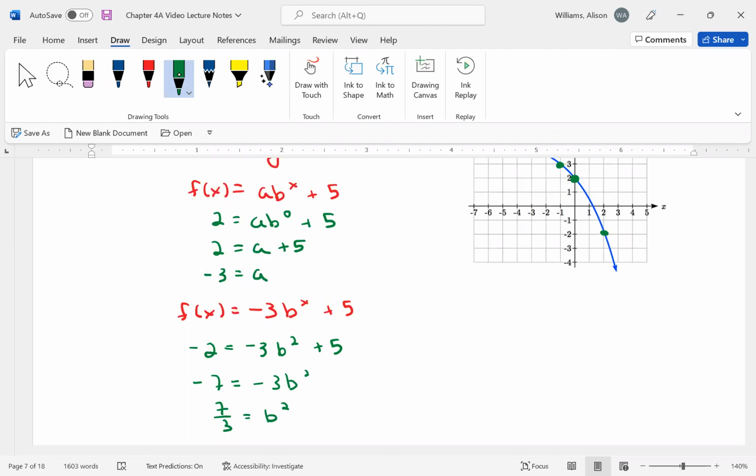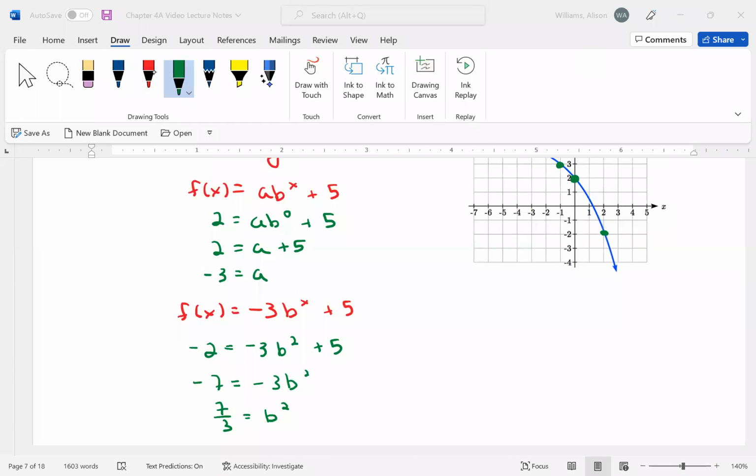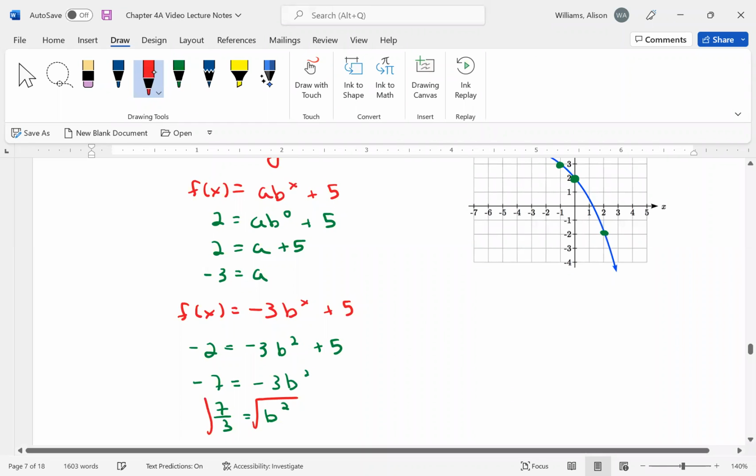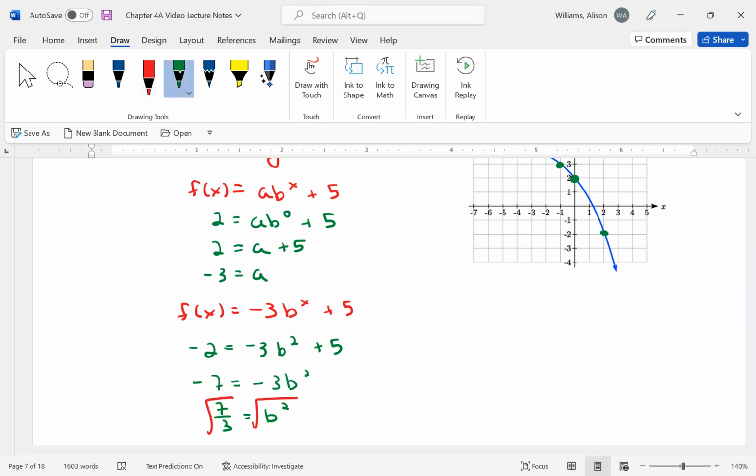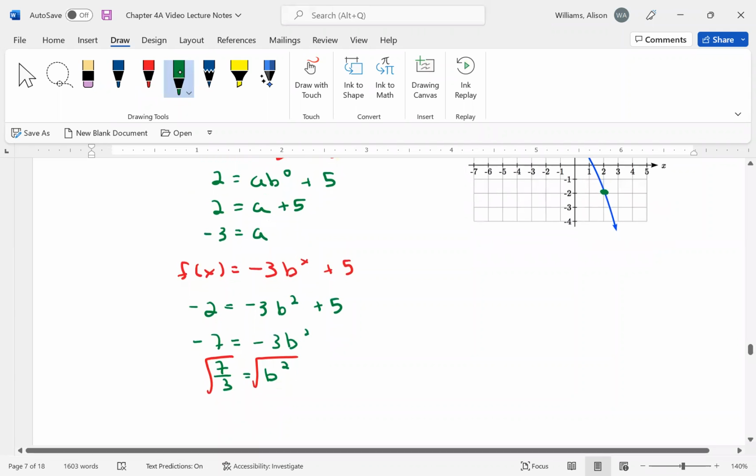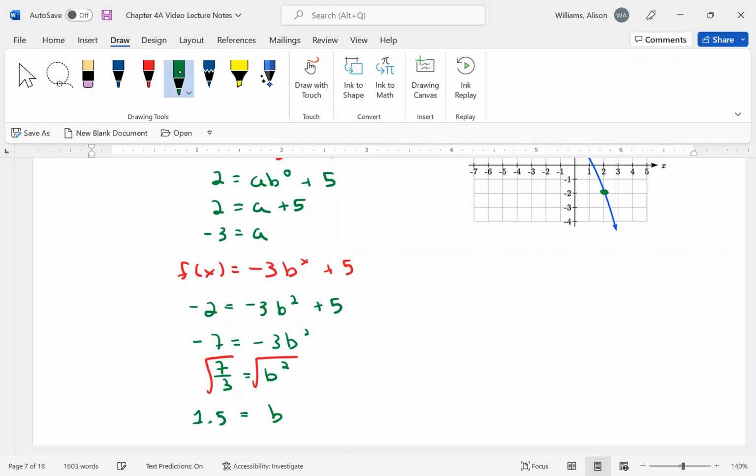And then I'm going to take the square root of both sides. And plugging that into the calculator, I'm getting 1.527, which I'm just going to round to 1.5. So at the moment, I have f of x equals -3 times 1.5 to the x plus 5.